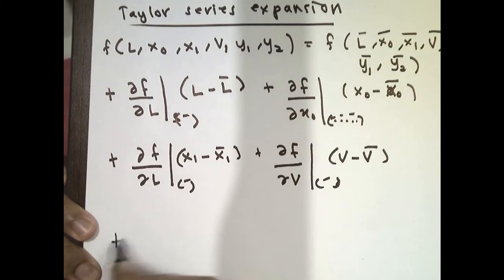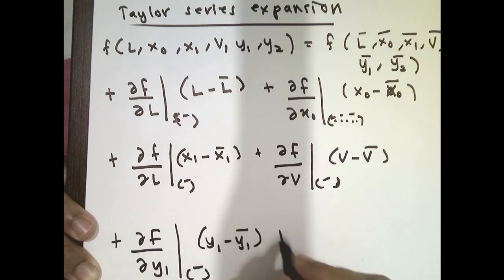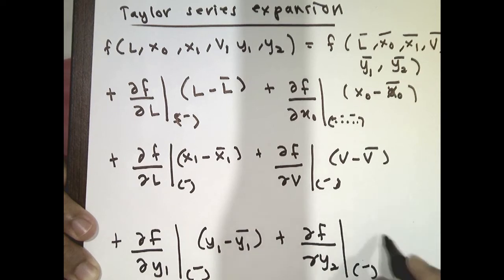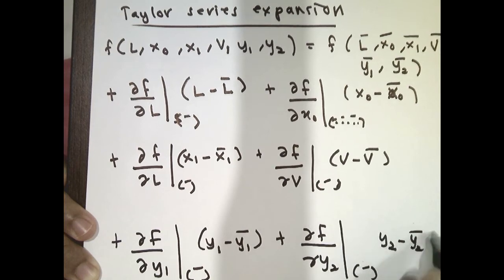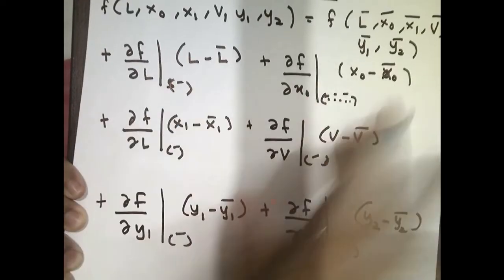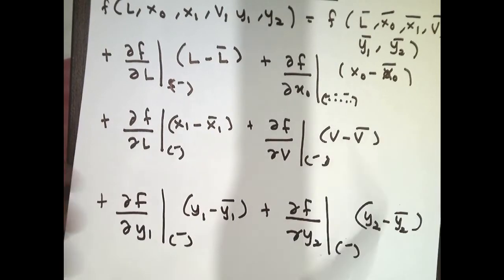We have Y1 minus Y1 bar. And last but not least is Y2 minus Y2 bar. So this is called the Taylor series expansion. You need to expand all the equation in the form of this one.